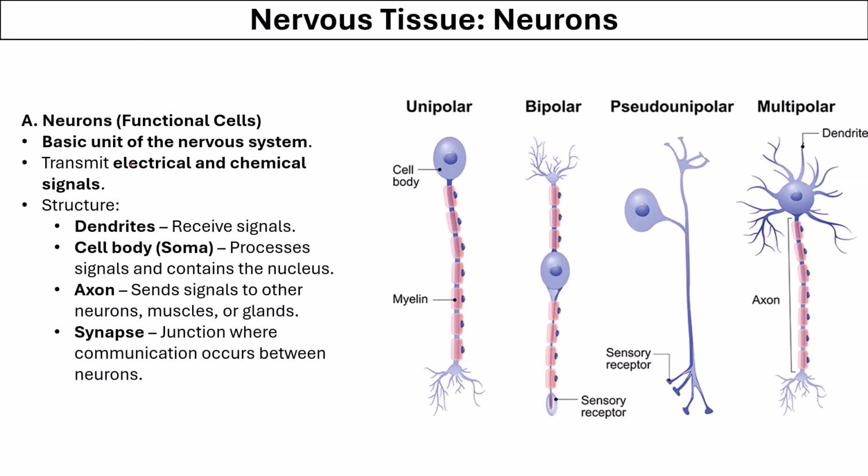Neurons are the basic unit of the nervous system, which transmit electrical and chemical signals. Based on their structure, they have a cell body, which is normally the cell that you see, and they have all the organelles, for example mitochondria, ribosomes, the usual cell organelles that you know, and the nucleus.